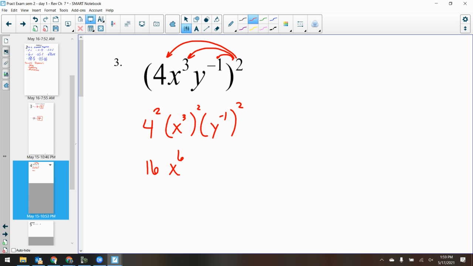X to the 6th, y to the what? Negative second. Can I leave my answer like that? No. The y has to go down into the denominator. So this becomes 16x to the 6th over y to the positive second.